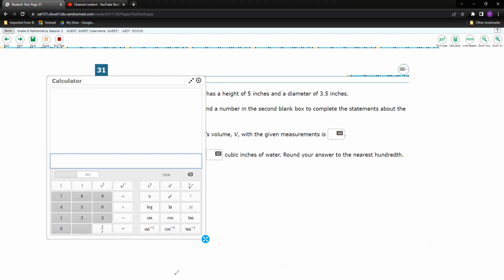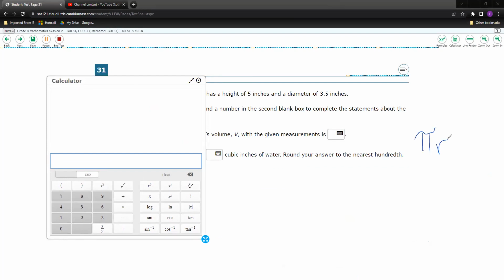Sometimes we write it like this, pi, and remember the order of operations when multiplying is not important, because 4 times 3 is the same as 3 times 4. Okay, so pi r squared height divided by 3.